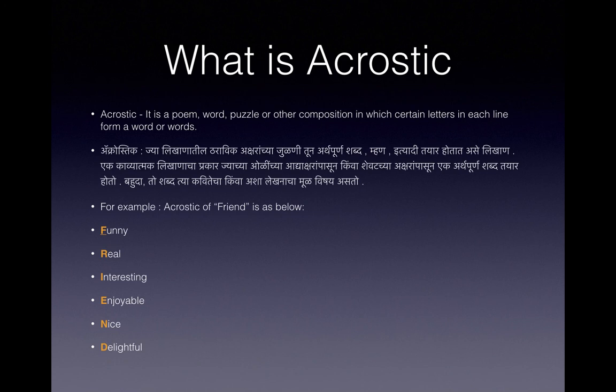So all these are characteristics of a friend. Every word describes the word friend. So this is the special thing about acrostic. You will have to write a word starting from that letter of the given word which describes the whole word. So this is called acrostic.